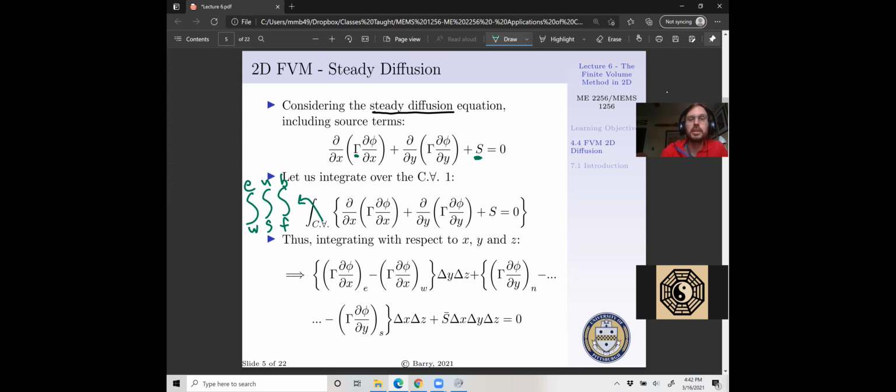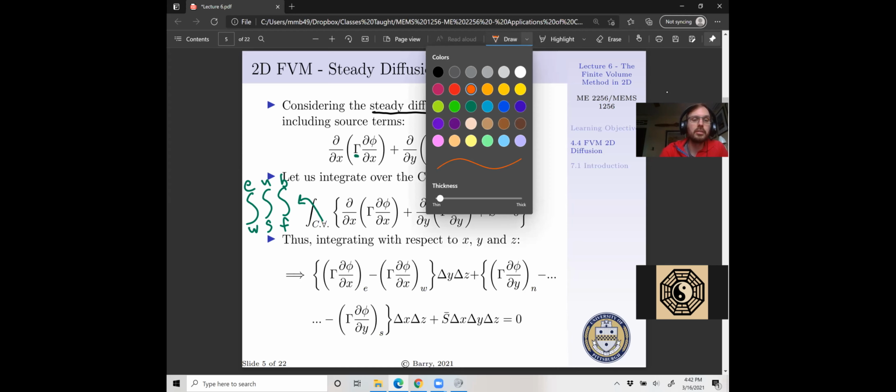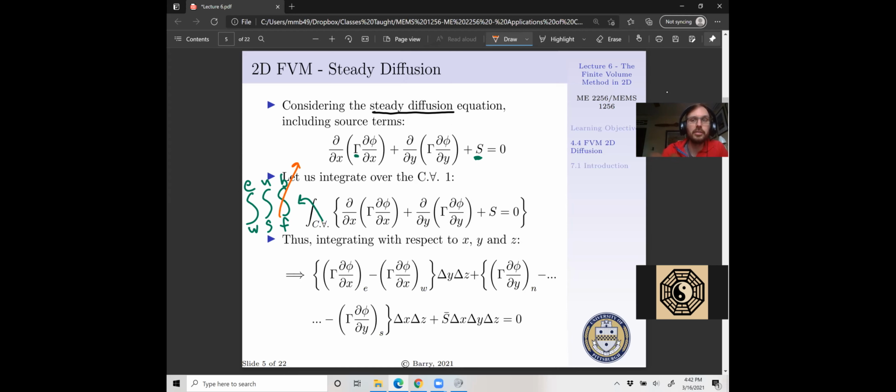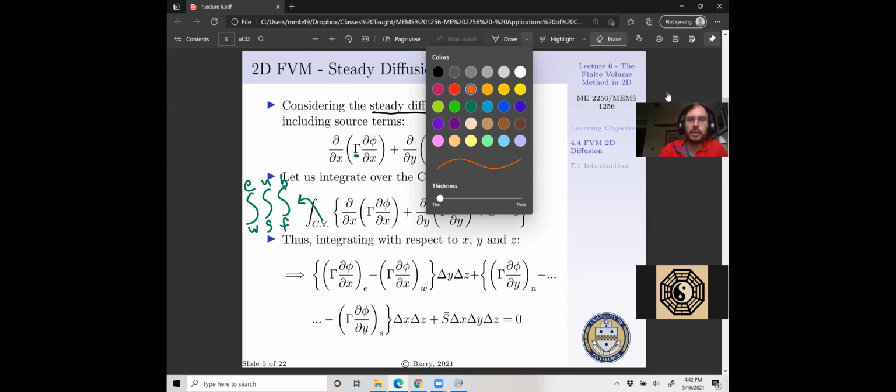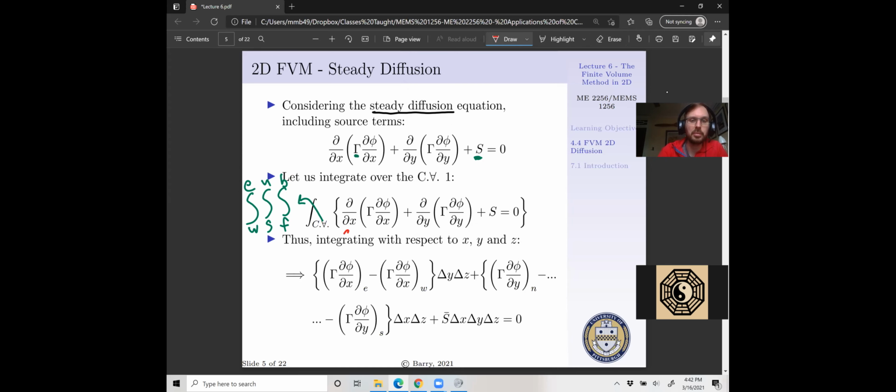Now, we took a unit depth, so we don't necessarily have to integrate over this because it's going to happen on both sides and it's going to divide out. So what we're going to do is do the integral with respect to control volume of our steady diffusion equation. And we've already done this, so we're going to skip a few steps in this process.